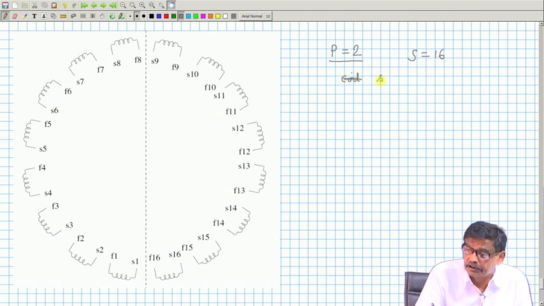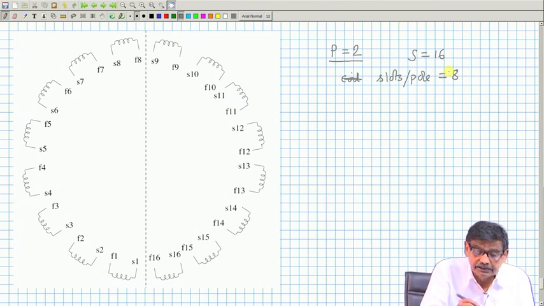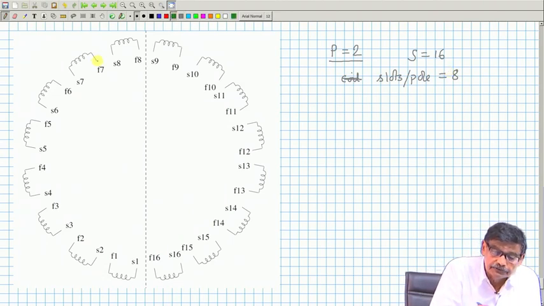This is what I have to calculate, slots per pole. That will become equal to 8, is it not? And with the understanding that the start of the coil is under the north pole, and all the coils are connected in series, of course.